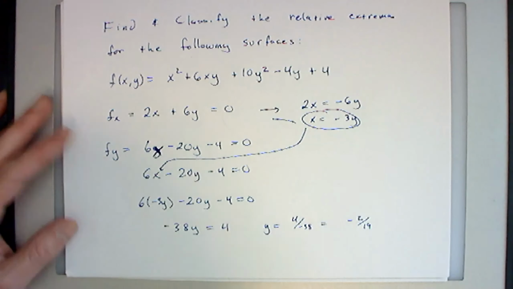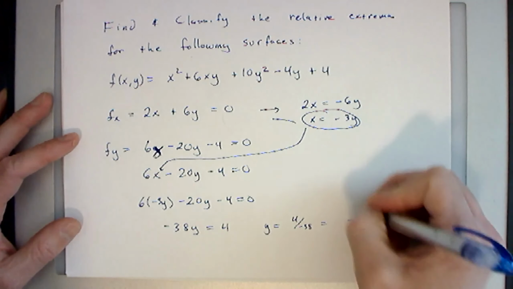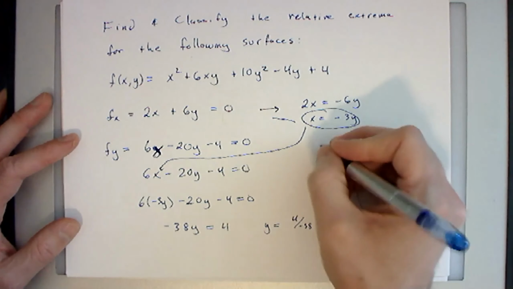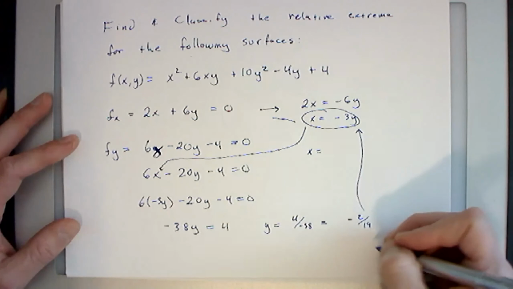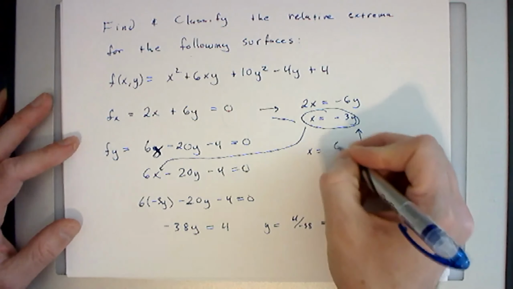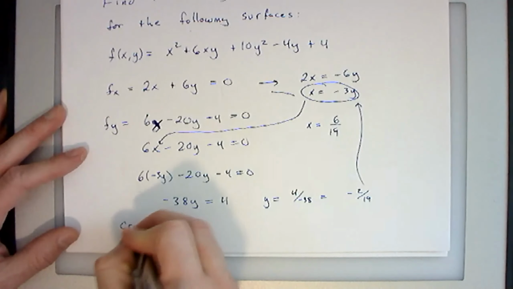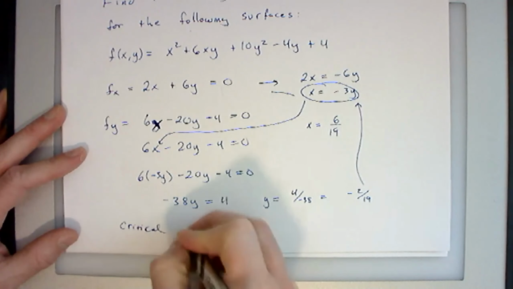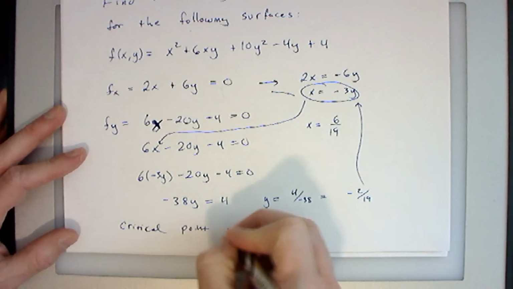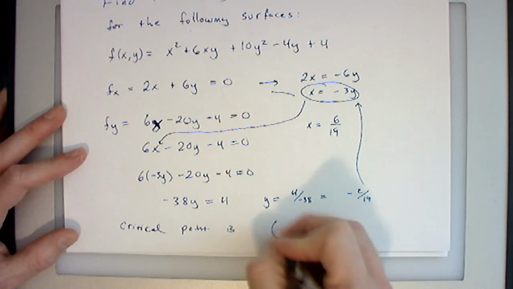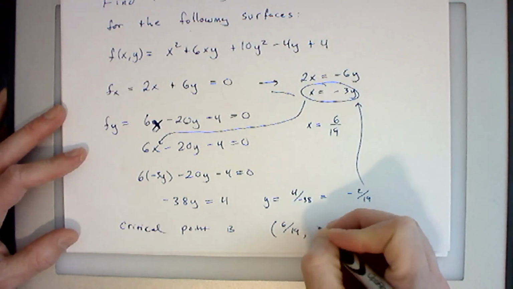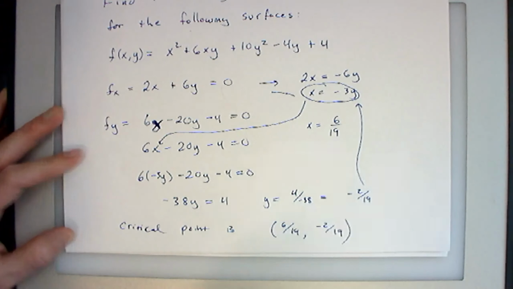Beautiful, lovely number. Not really. I'm going to plug that back in up here to get x equal to negative 3 times negative 2 over 19, which is positive 6 over 19. So my one critical point is 6 over 19 comma negative 2 over 19.